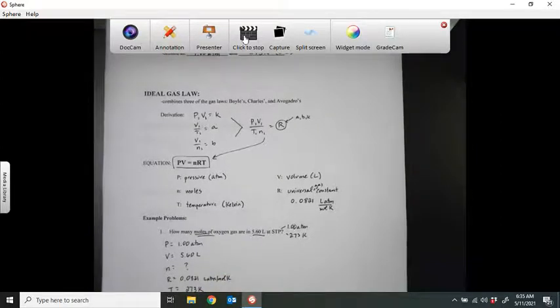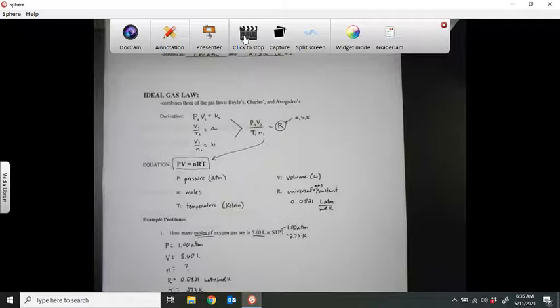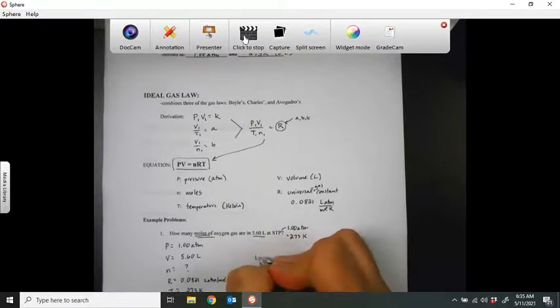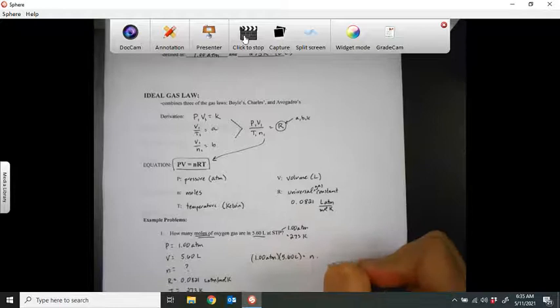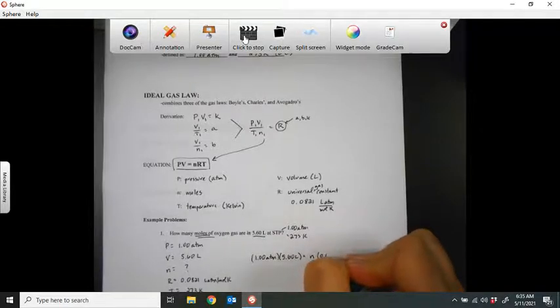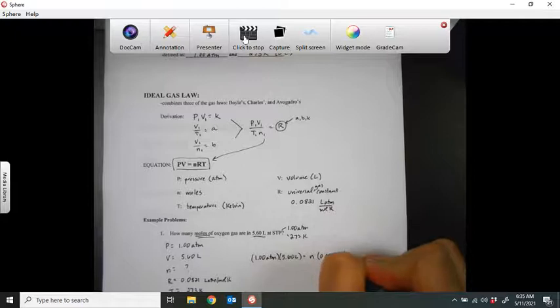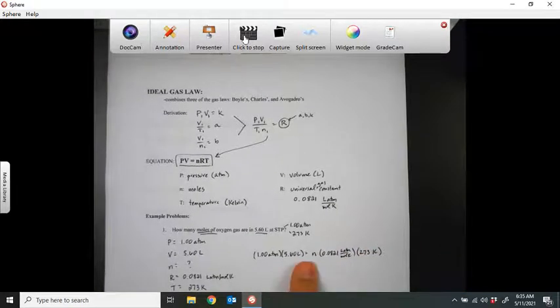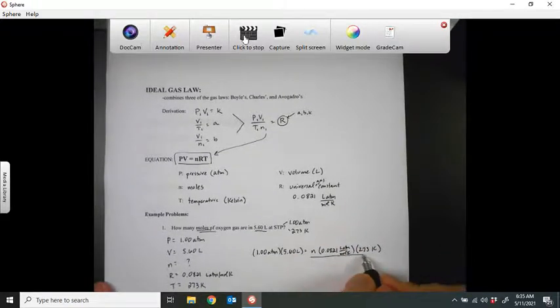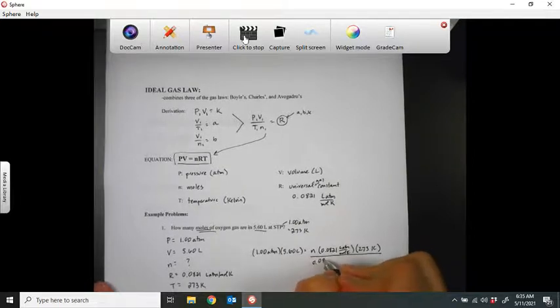So all we have to do is put these into PV equals nRT. So P is 1 atmosphere. Volume is 5.60 liters. N is our unknown, so I'm going to leave it in as N. Our R value, and then our temperature. So we need to get N by itself, so we're going to divide both sides by our universal gas constant times our temperature.